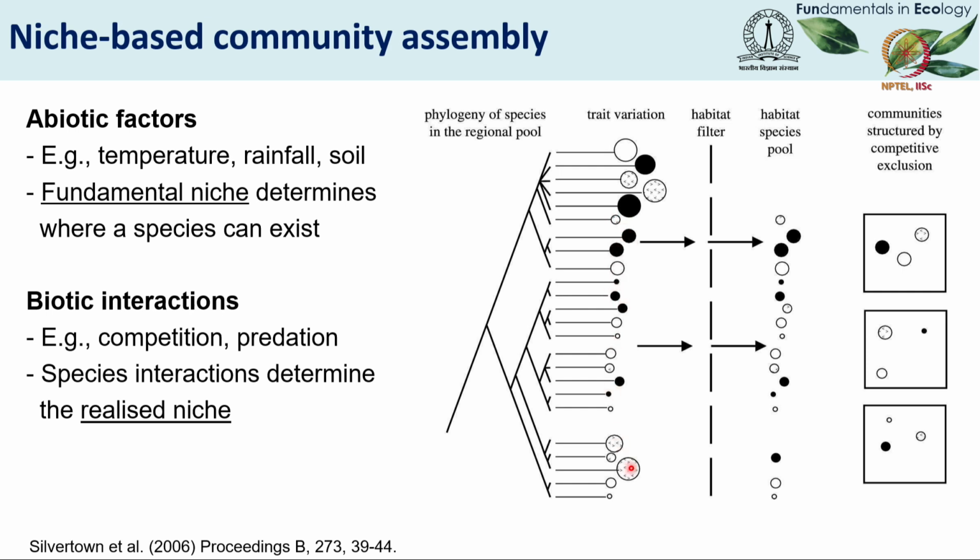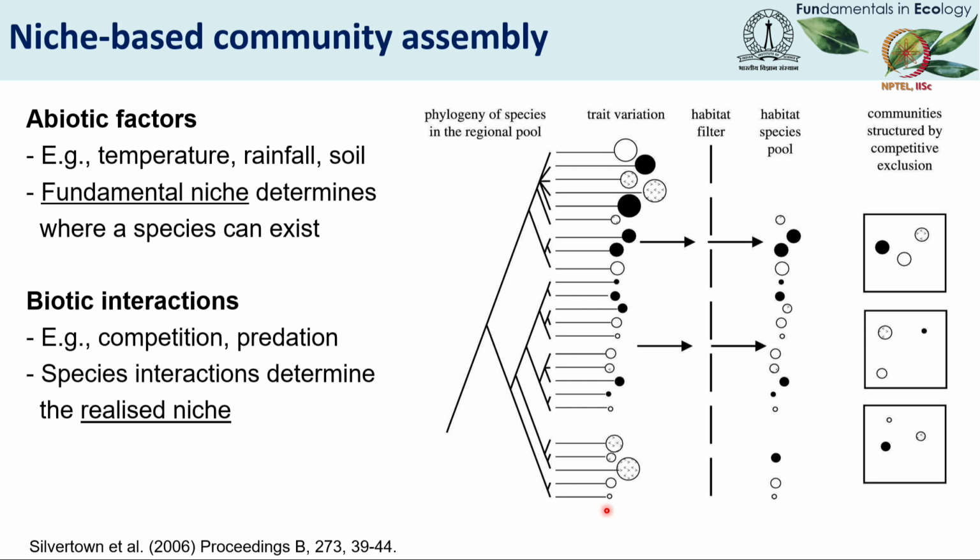Now, those species all arise from speciation. So obviously they're all connected through relationships between them. Speciation is creating this pool of species in the region, the regional species pool. These species then differ in some important traits or properties.